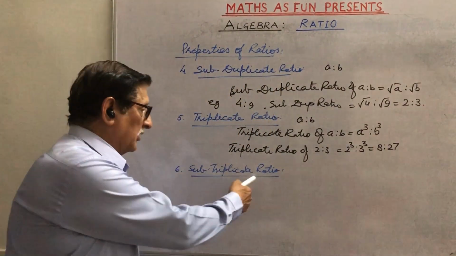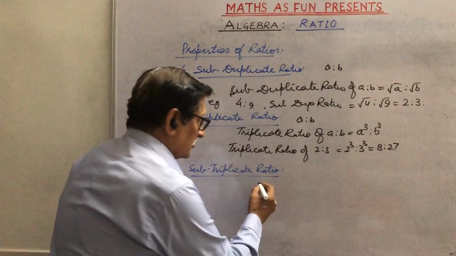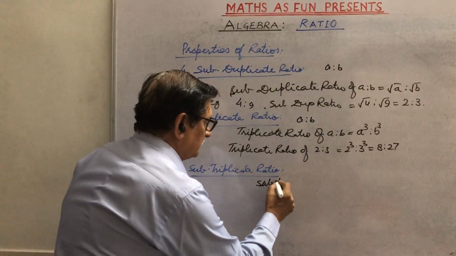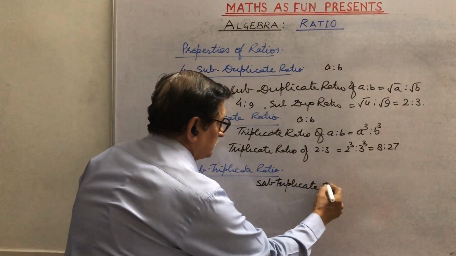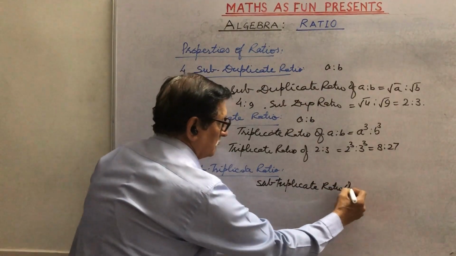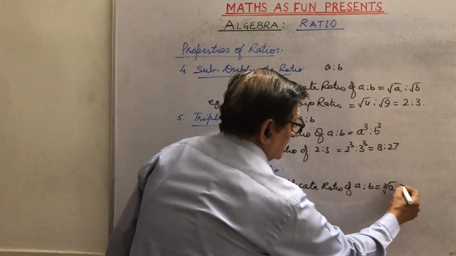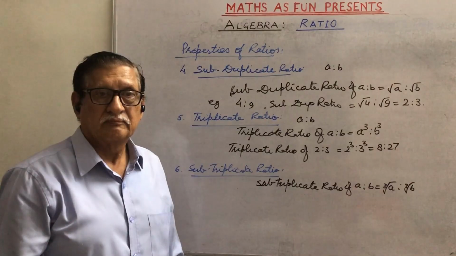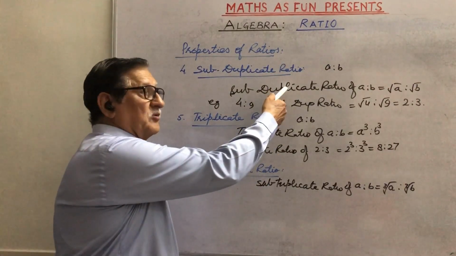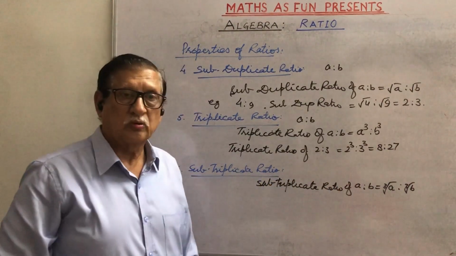Now the subtriplicate ratio, just opposite to this. Subtriplicate ratio of A is to B is cube root of A is to cube root of B. Like we had subduplicate is square root, same way subtriplicate is cube root.